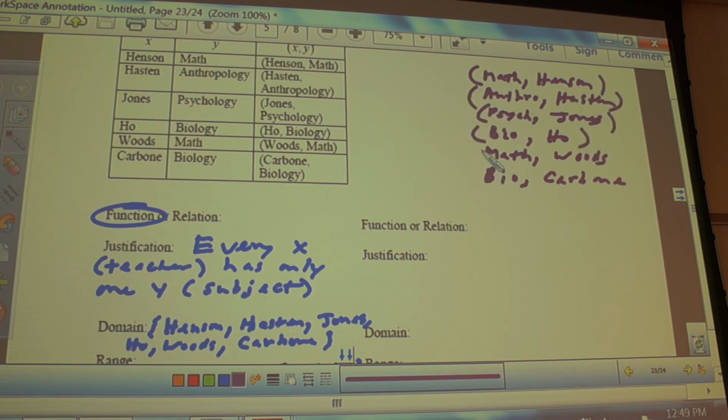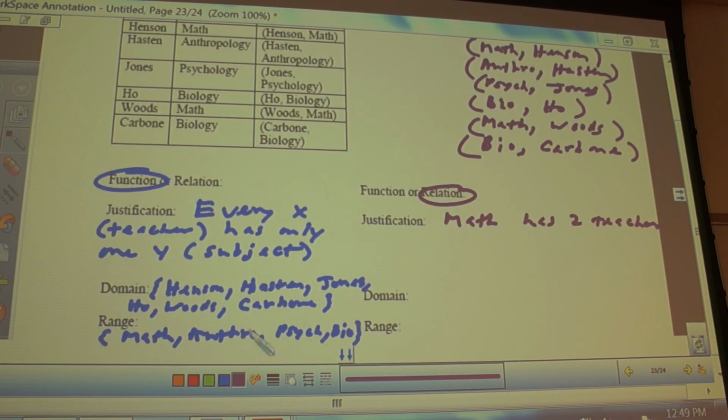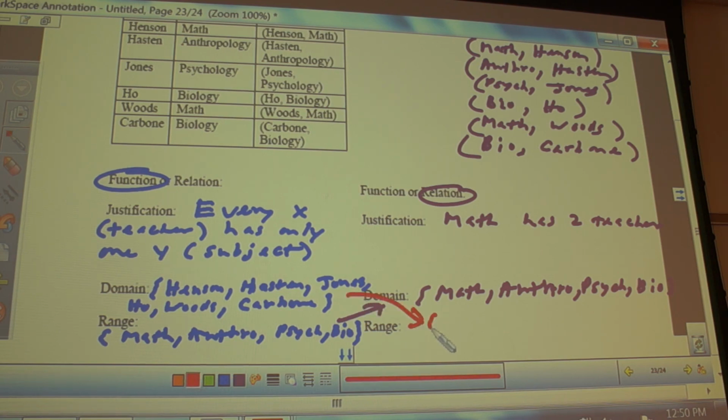It's a relation. Why? Because, for example, math has two teachers, right? So your X has two Y's, two outputs. Okay? What's my domain? Domain, remember this one becomes that one, so this would be math, anthro, psych, bio, and then this one goes down to here, so that's the Henson, this is going to be long, huh?